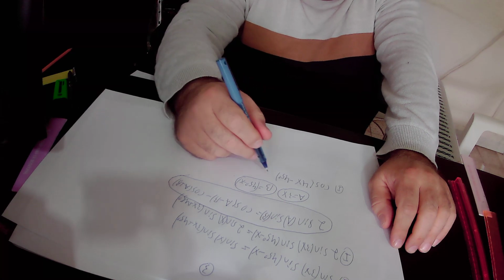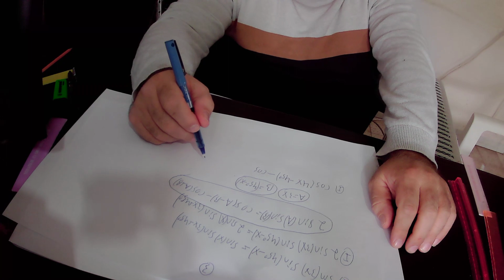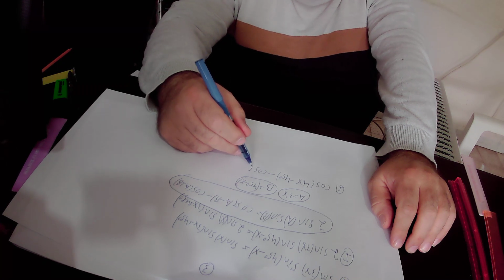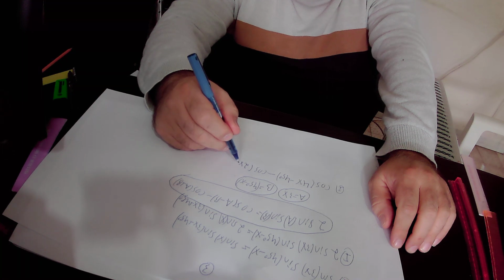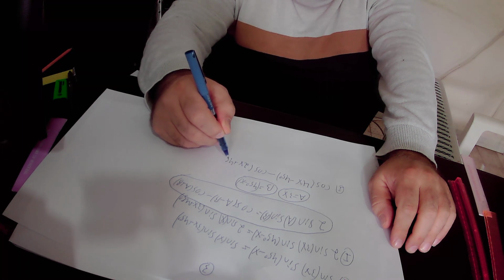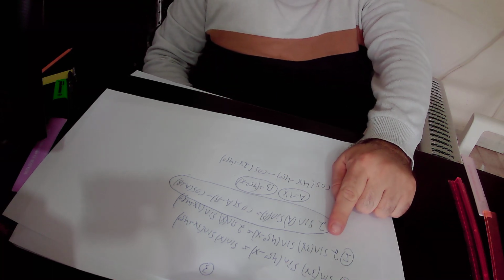And minus cosine A plus B: 3x plus minus x is 2x plus 45 degrees. So we finished with this side of equation number 1.